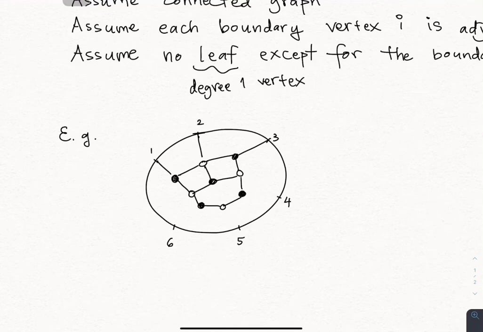So if two vertices share the same edge, then those two vertices should have opposite colors.